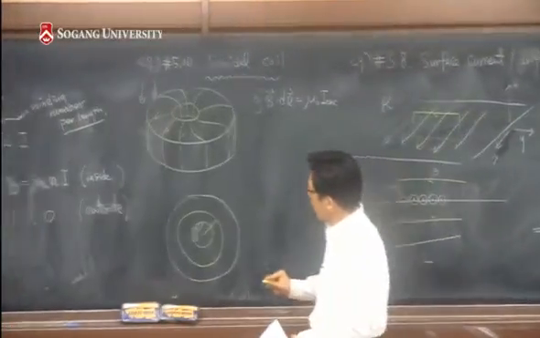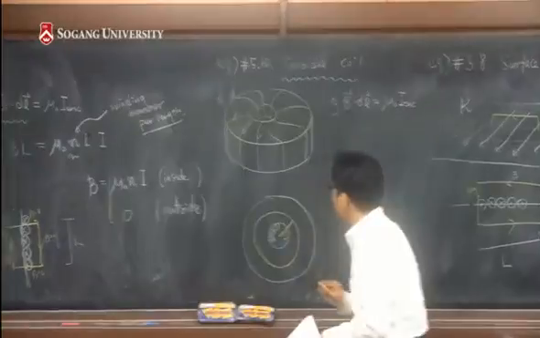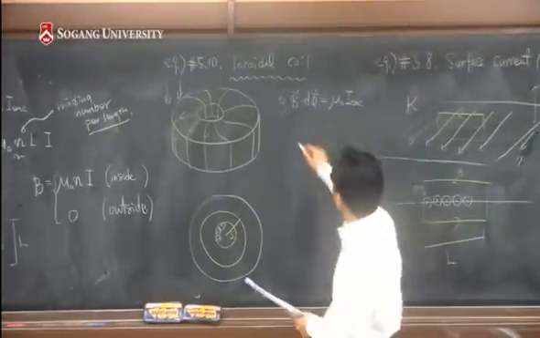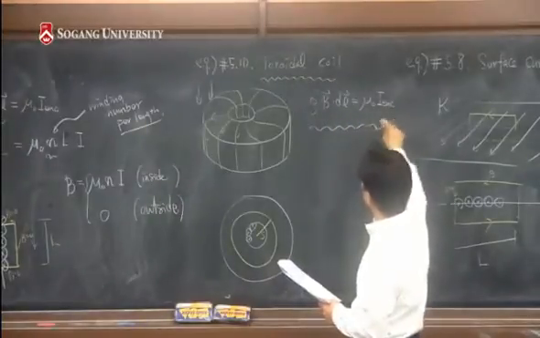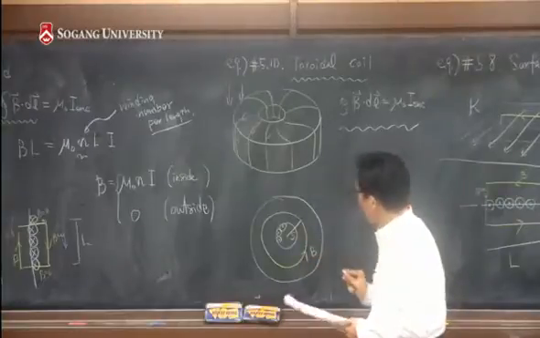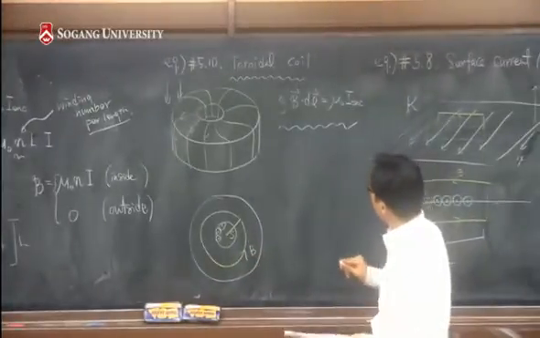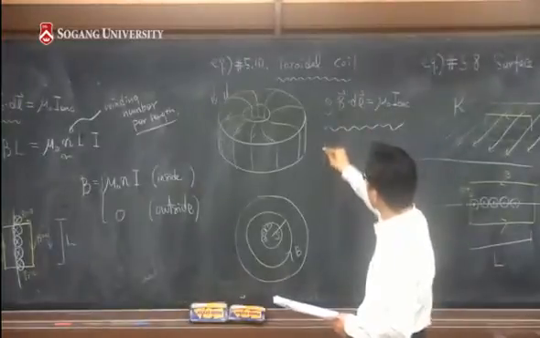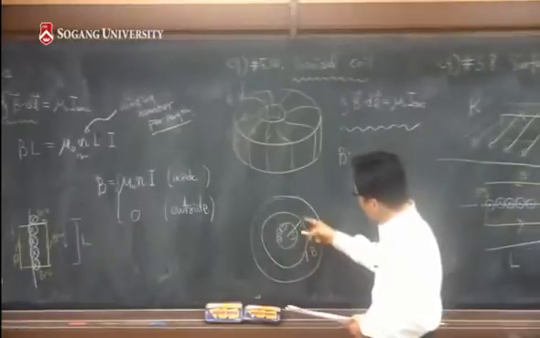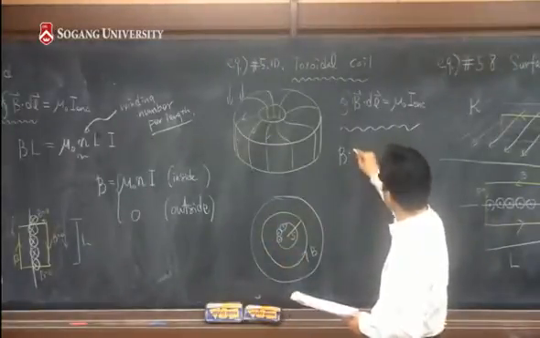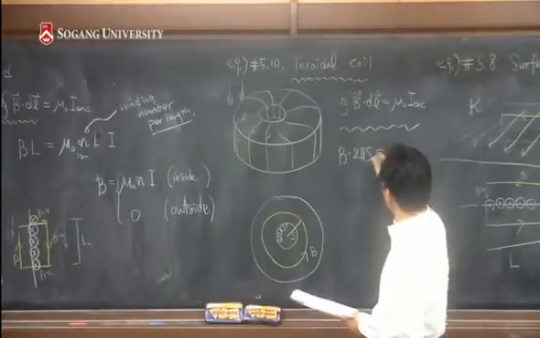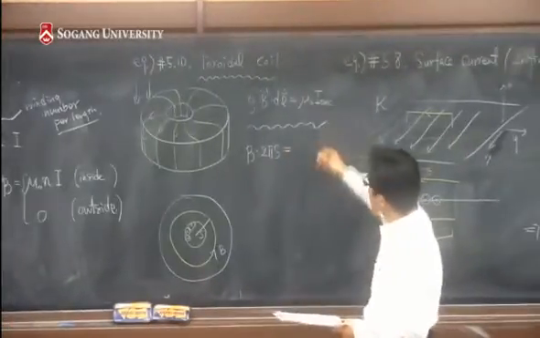If you apply this, the magnetic field will be uniform around this loop, so the left-hand side will be the magnetic field times the length of the circumference of this circle, 2 pi s. On the right-hand side, you have mu 0 and the total current.